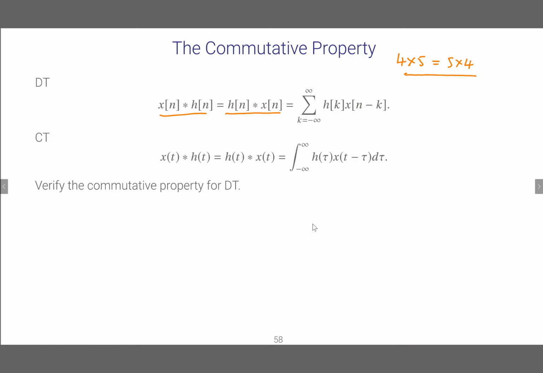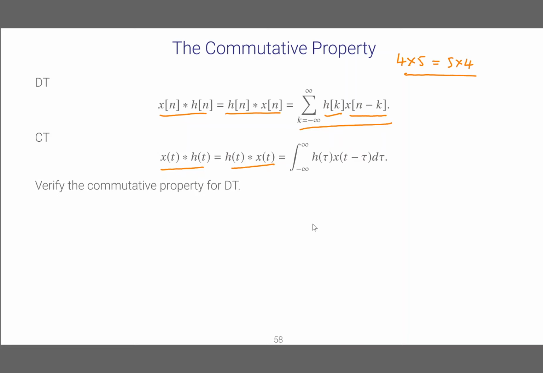So it is the same for convolution. Similarly, in continuous time, x(t) convolved with h(t) is equal to h(t) convolved with x(t). So here you can see we write h[k] x[n minus k]. What this means is x is a signal that is time reversed and shifted when you carry out the summation.